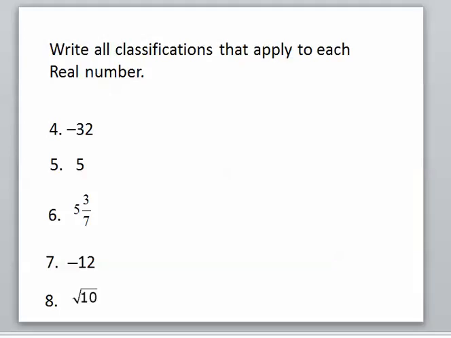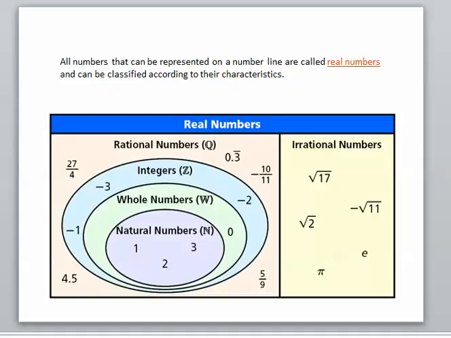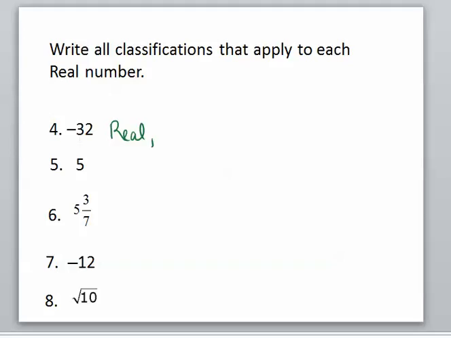So I have 5 numbers here, and we're going to write all the classifications that apply. What I'm going to do is start with the outermost group, and they're all real numbers. So I'm going to go ahead and put that it's a real number. Then I'm going to work my way inside. Is it rational or irrational? In this case, this is a rational number because it can be written as a fraction, 32/1, whatever the case might be.